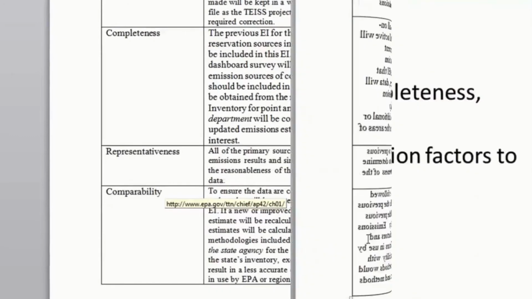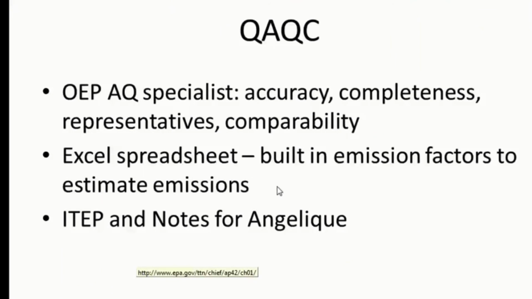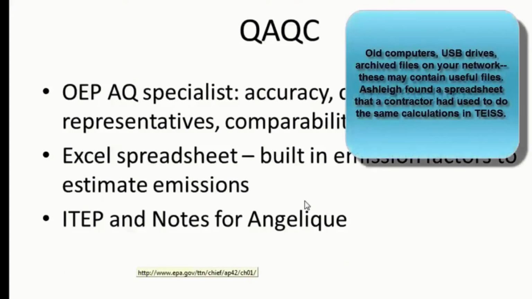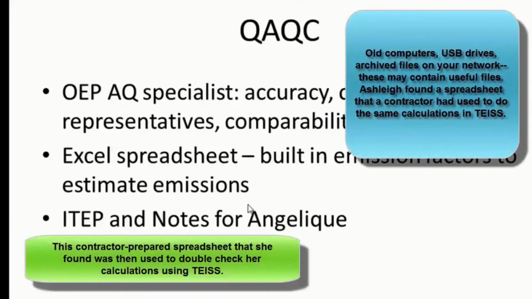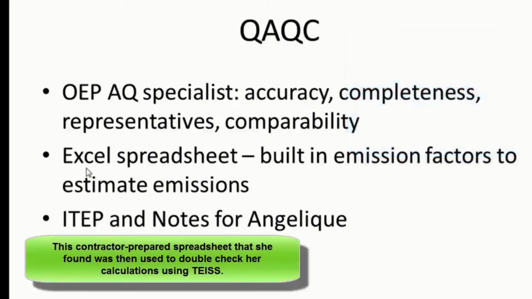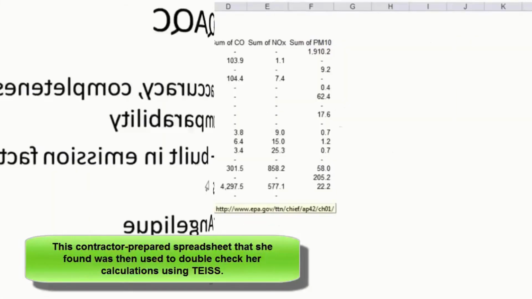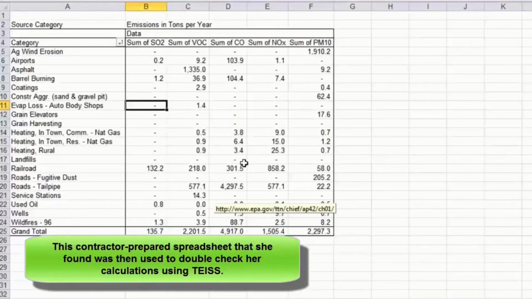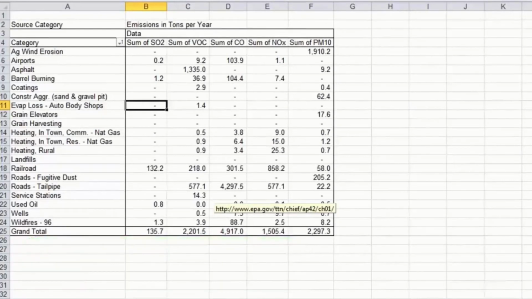So I saw in the QAP how I was going to do each process, each step. I also found an old Excel spreadsheet that was done on the earlier emission inventories, I think around 2000, 2001, and I just had a quick example of it. Anyways, I'd use these for a QA/QC check also.